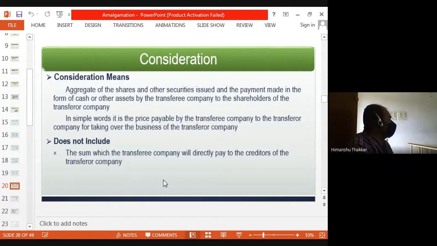here that will be considered as consideration. In merger, you compared new shares that you have given to the existing shareholders with the existing shares that they were having. You compare both the shares, new shares with the old shares. In purchase, you will compare this with what you are getting, because when you purchase, you always look for cost benefit, that I've paid this much, how much I'll get.